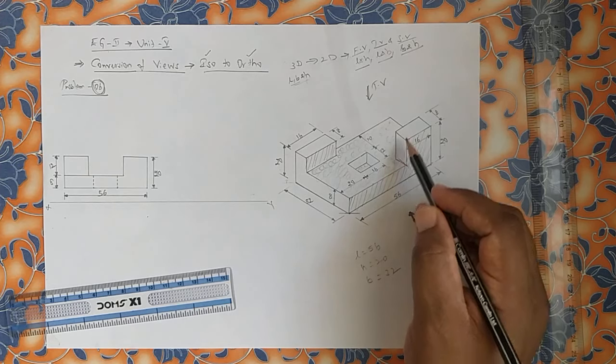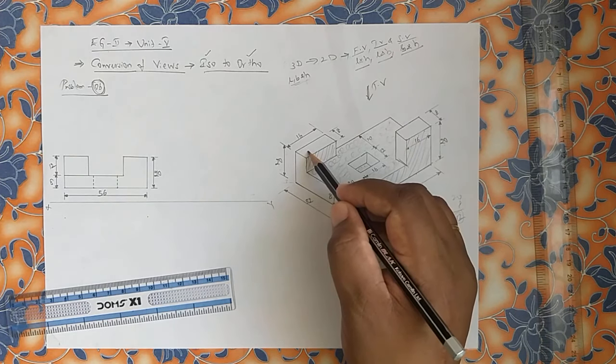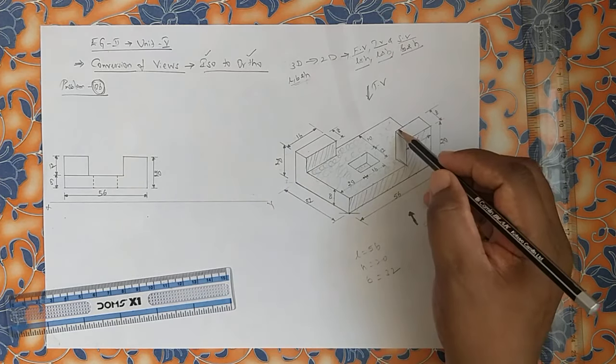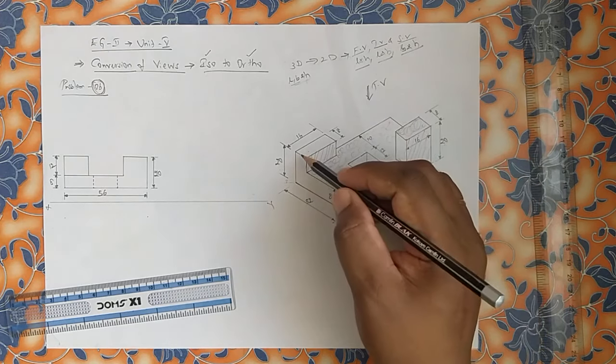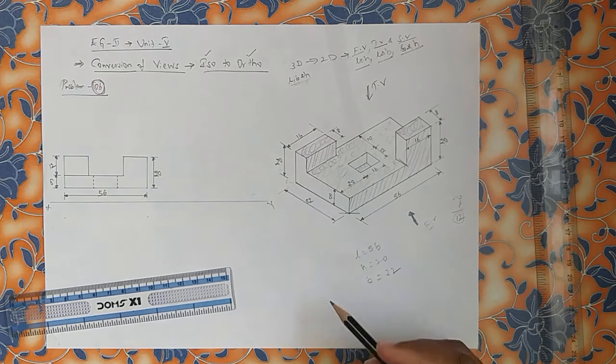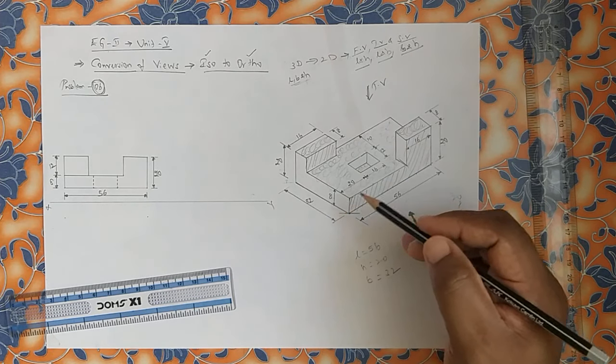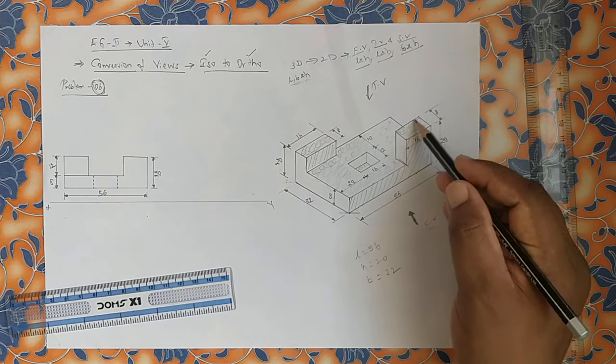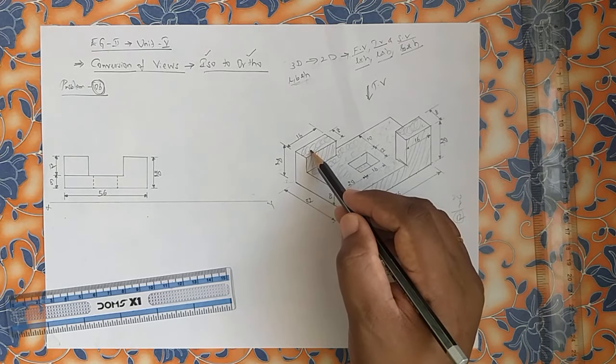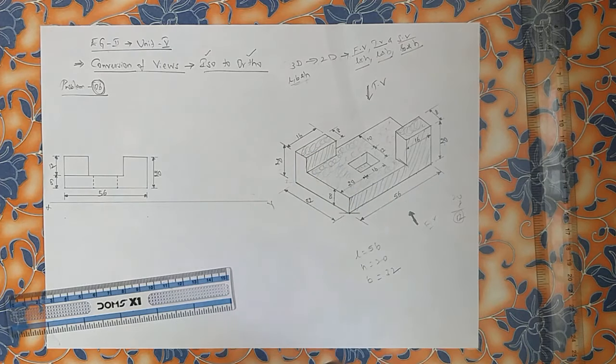This entire thing comes as part of the top view. At the same time, we have steps at the left corner and right corner. These are also things which you can see in the top view. So the total length is 56, breadth is 32. The right side corner we are supposed to show as a separate rectangle, and the left side corner also as a separate rectangle.